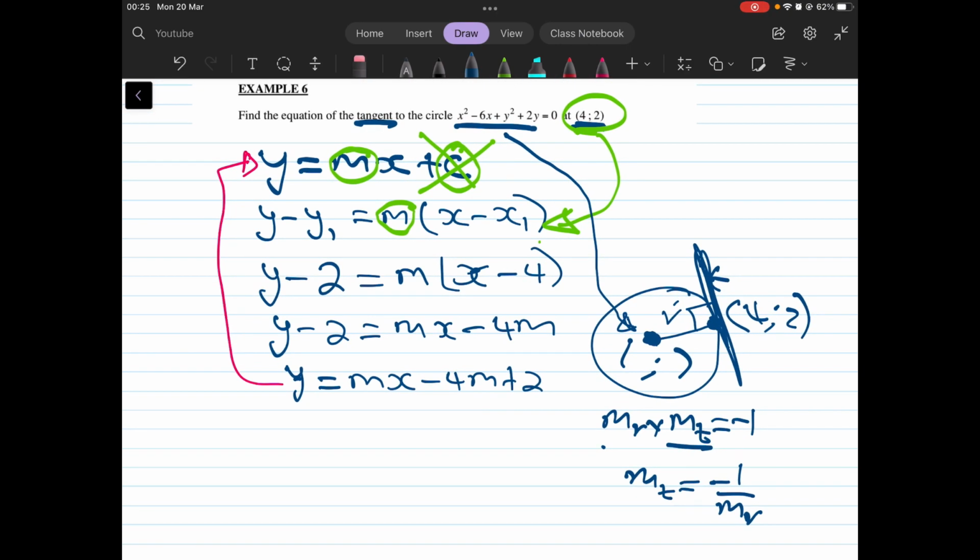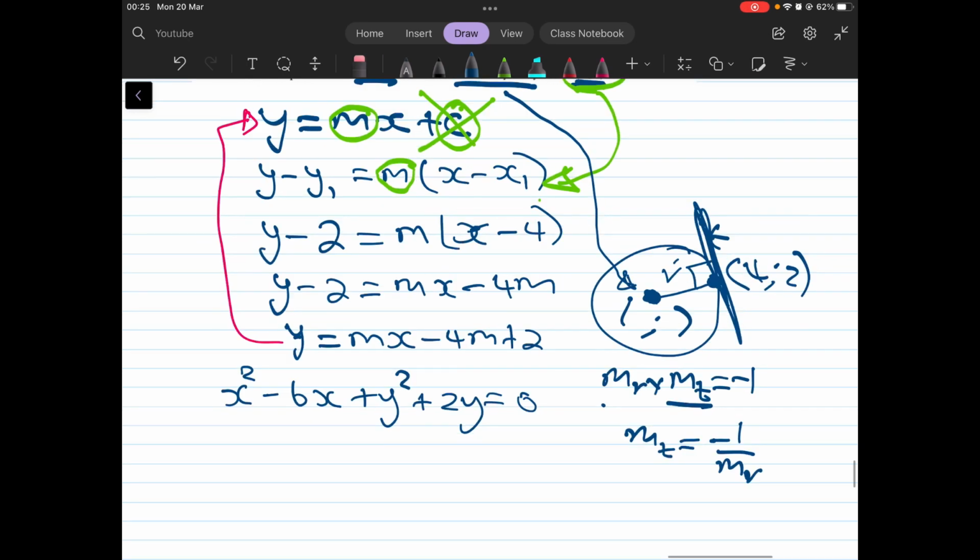First, let's rewrite this equation of a circle, plus 2y equals 0. We're going to convert it into the standard format. To do that, we just need to complete the square as usual. We take the coefficient of x, divide it by 2, and we get -3. That -3, we need to add its square on both sides.